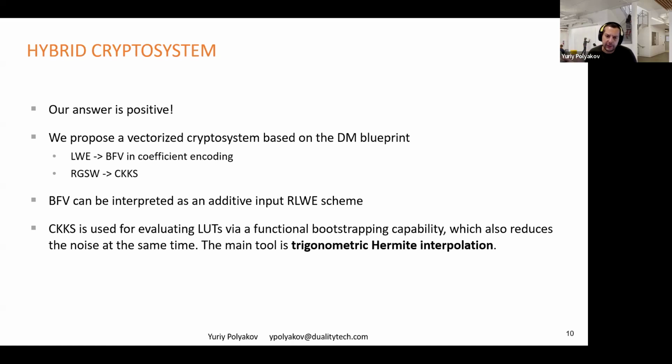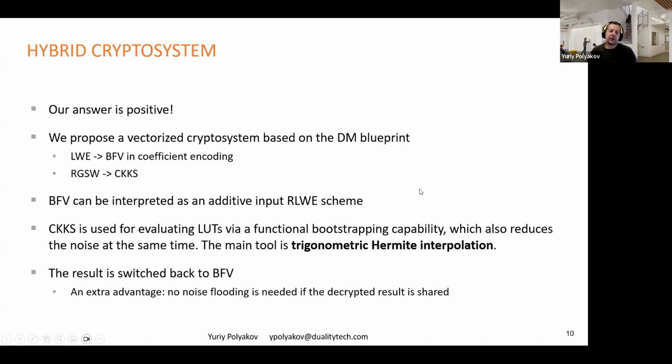And the main tool that we use for this is trigonometric Hermite interpolation. We'll have a separate discussion why. This tool is extremely useful. And after we perform this bootstrapping and function evaluation in CKKS, the result is switched back to BFV.